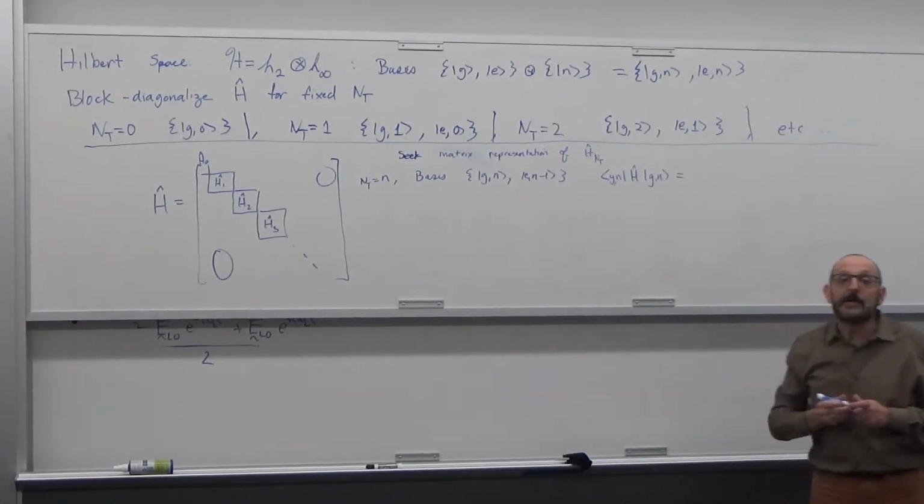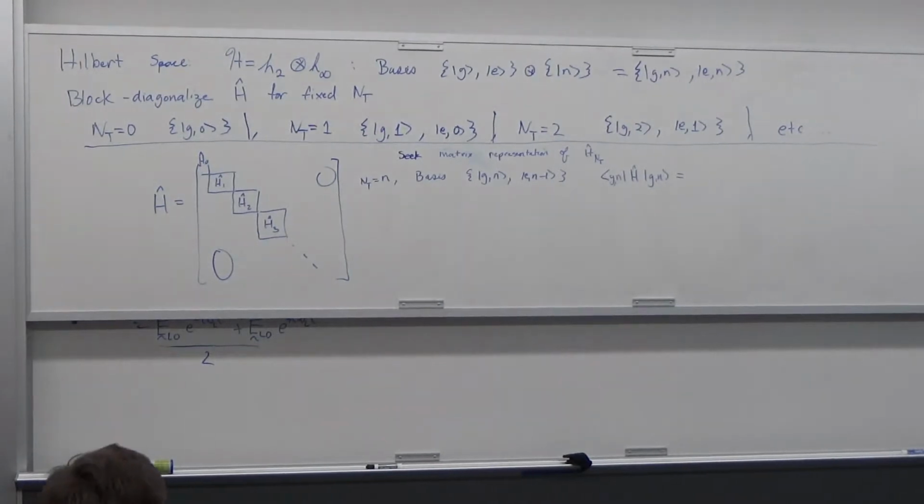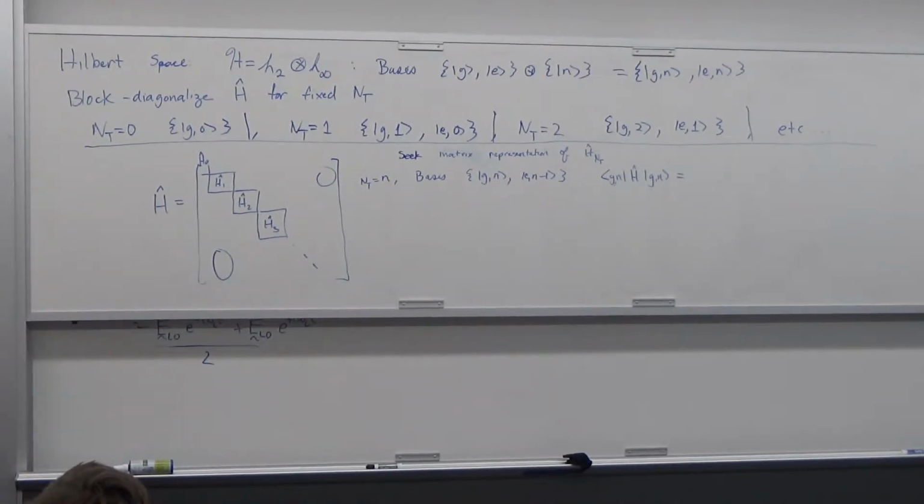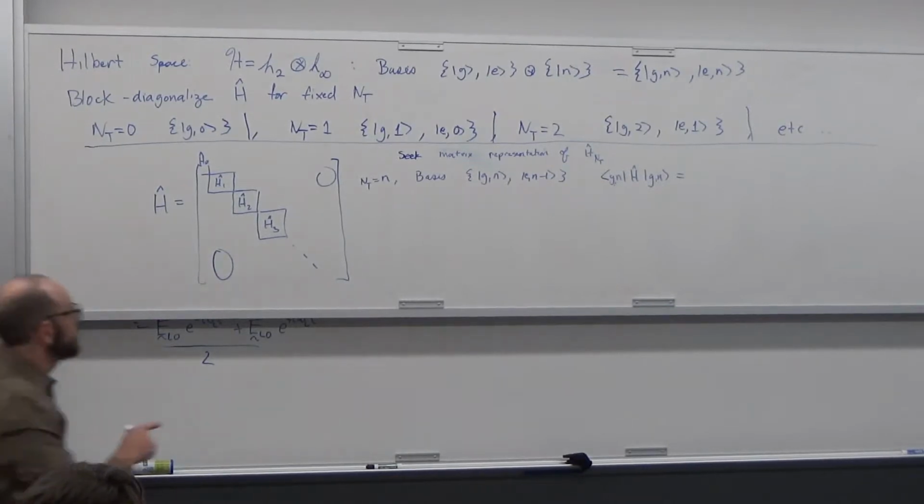What is the diagonal matrix element here? Remember, let's come back over here. Probably maybe easier. Here's our Hamiltonian, and that's our interaction, the sigma z part. So we have to think about the matrix elements here.